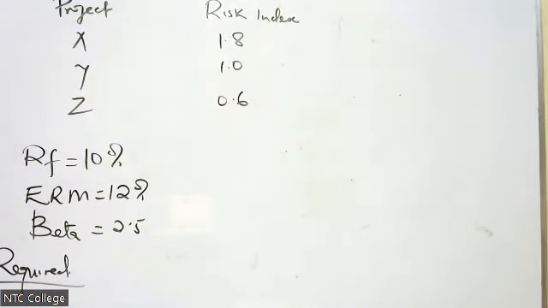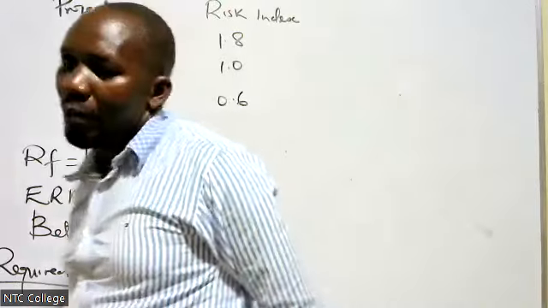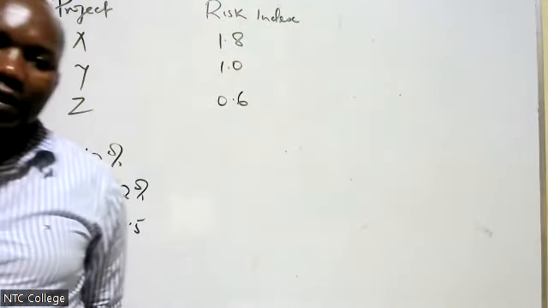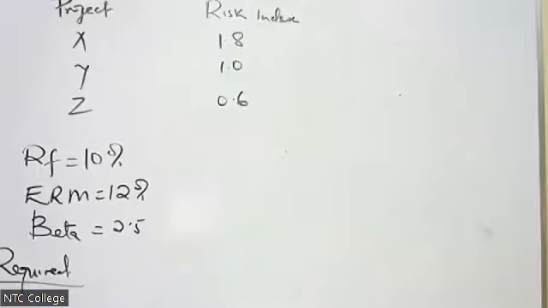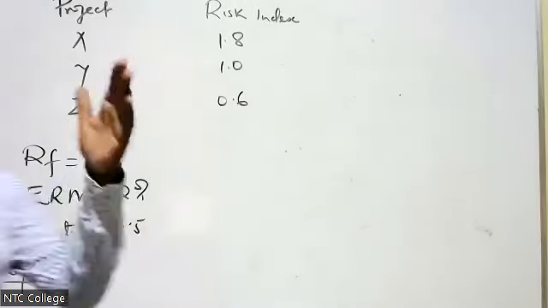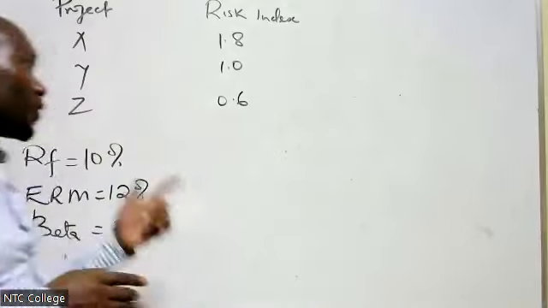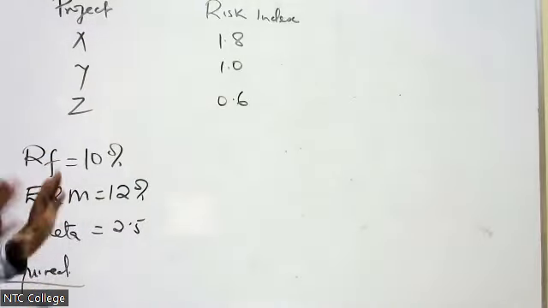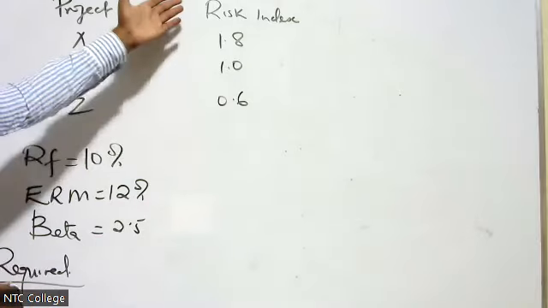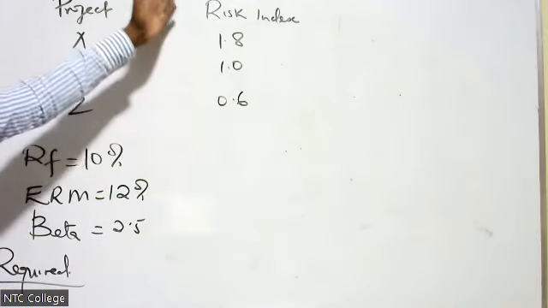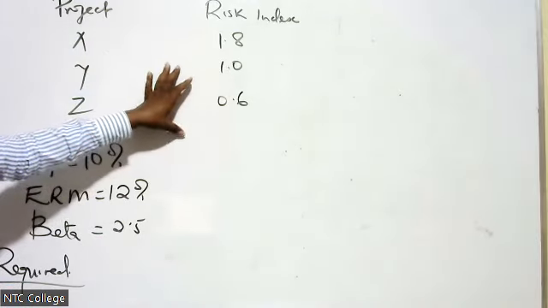Now, how do we go about this? Who can tell me the first step? You're using the cash flows that you're having for project X, Y, Z. You've been given those cash flows and you are also given the risk index for those projects.